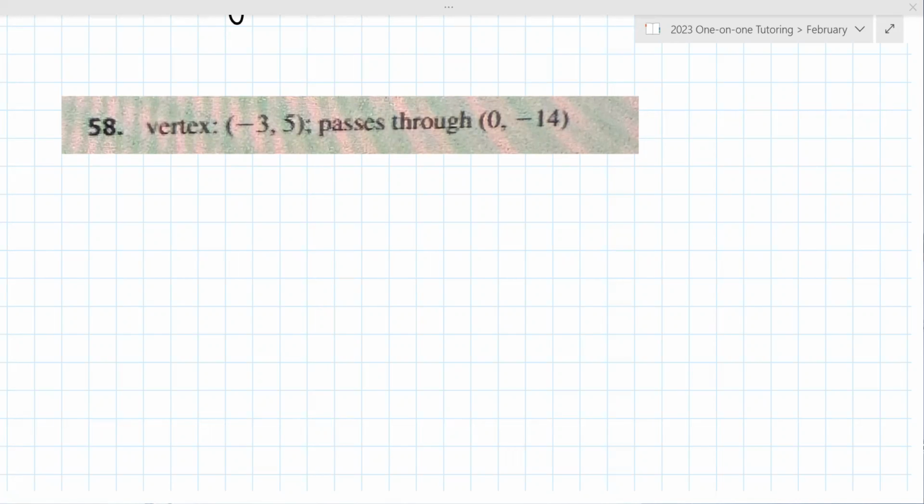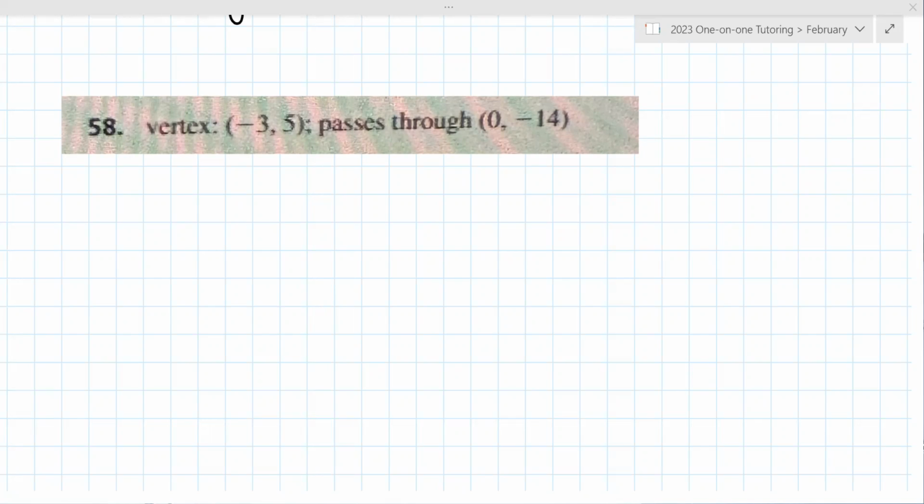So it passes through negative 3, 5, and then write the equation y equals a times x minus h squared plus k. y equals a times x plus 3 squared plus 5, and then negative 14 equals a times 3 squared plus 5.